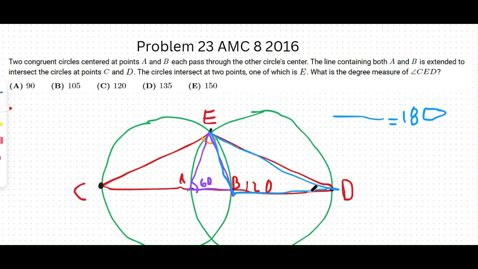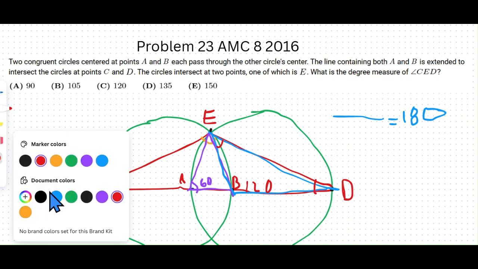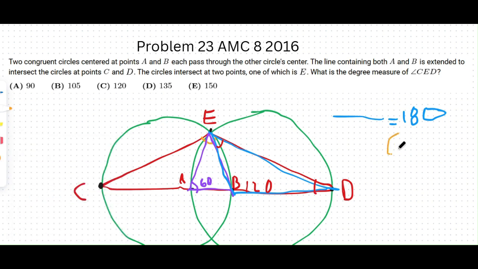Now you can see that these two angles are also equal to each other. The amount of angles in a triangle is 180, so 180 minus 120 is 60, and shared over 2 gives us 30. Which means that this is also 30.